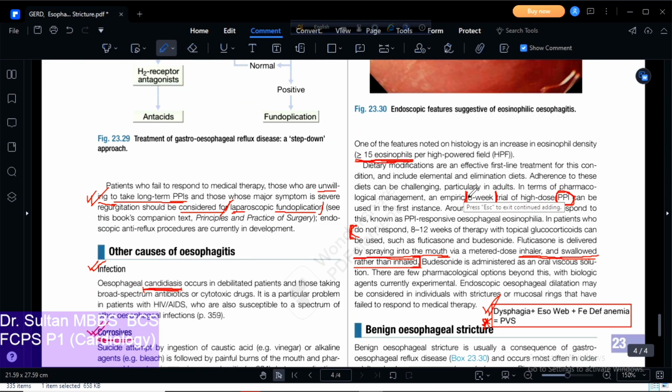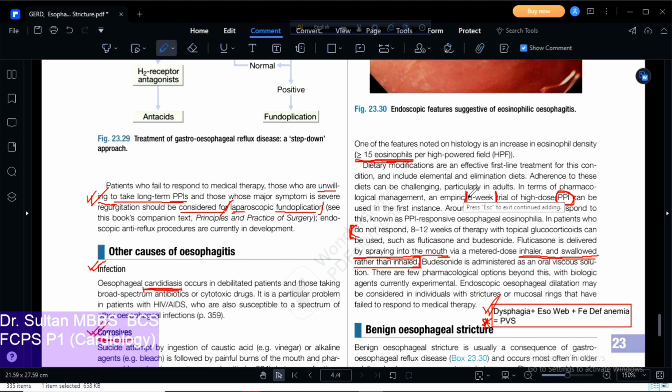So in this case, what will be the treatment? If your diagnosis is eosinophilic esophagitis, first you treat with 8 weeks of proton pump inhibitor therapy. If they respond, it is called PPI-responsive esophageal eosinophilia.